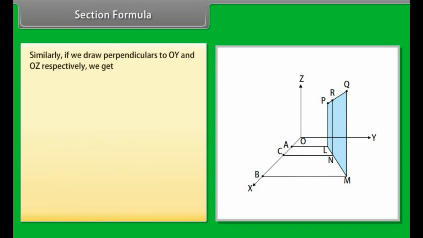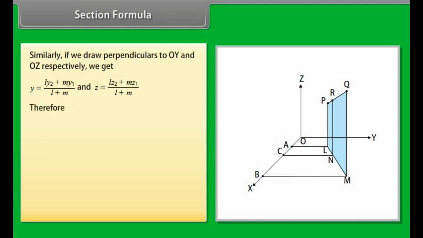Similarly, if we draw perpendiculars to OY and OZ respectively, we get y equals (l y2 plus m y1) divided by (l plus m) and z equals (l z2 plus m z1) divided by (l plus m).